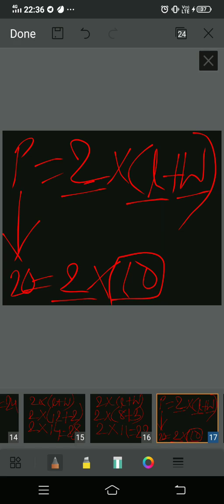So you will have to find out any two numbers for adding, and when you add those two numbers you have to get 10.